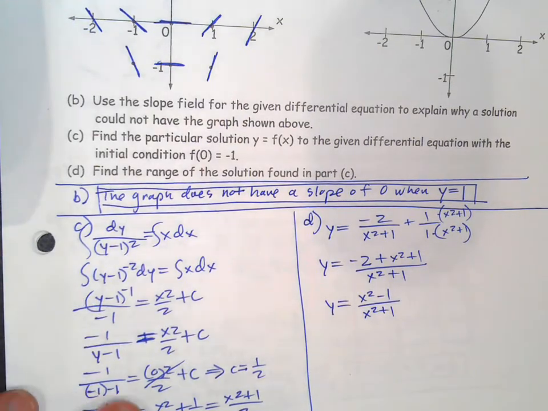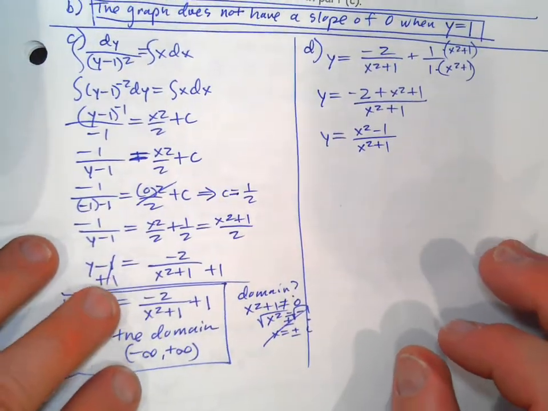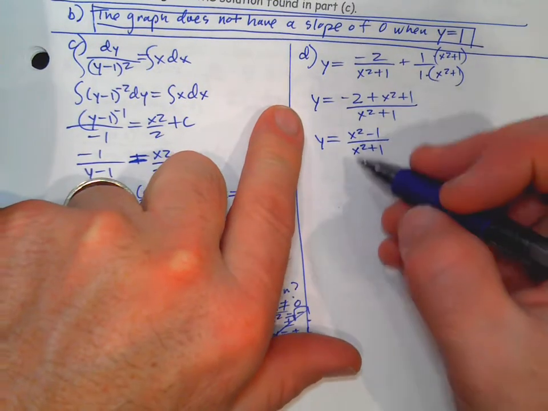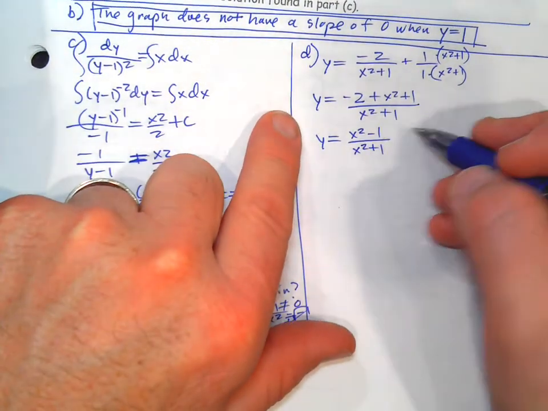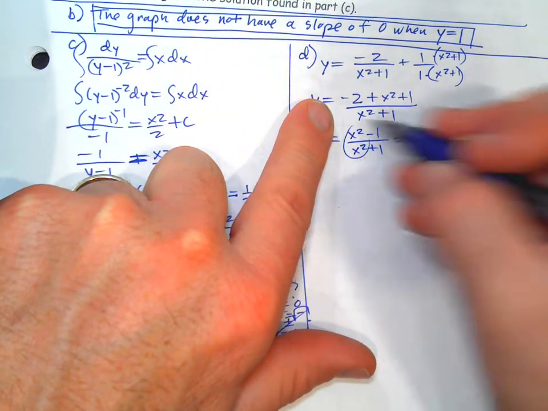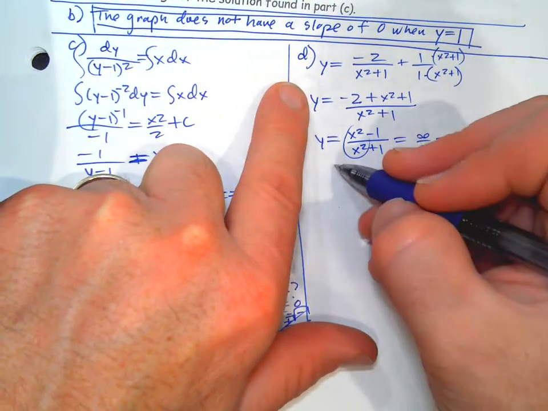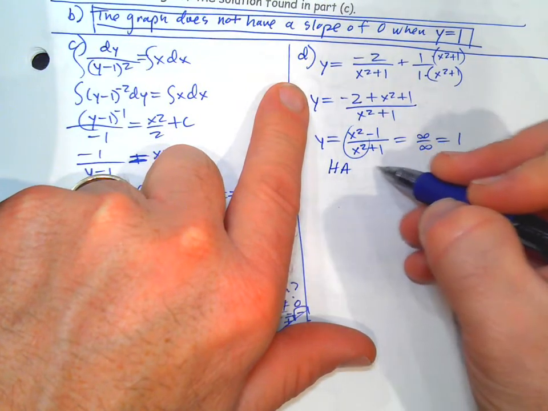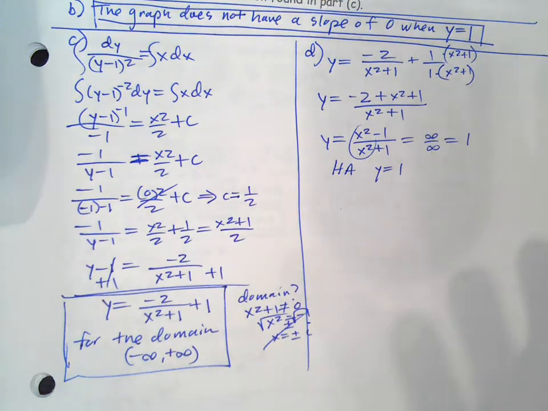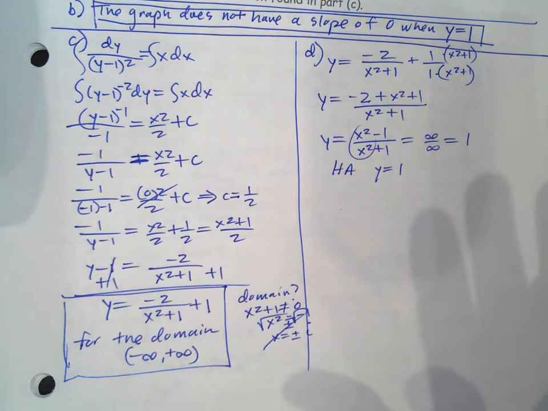So that's the same function. We could do some things as x goes to infinity. This is infinity over infinity, these are the dominant terms, and it goes to 1. So it has a horizontal asymptote, y equals 1. So 1 somehow is going to be either the low or the high point of it.